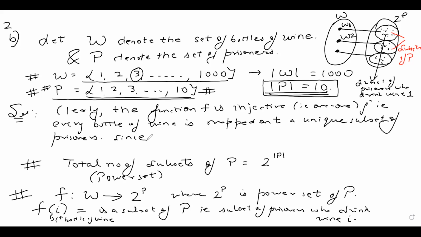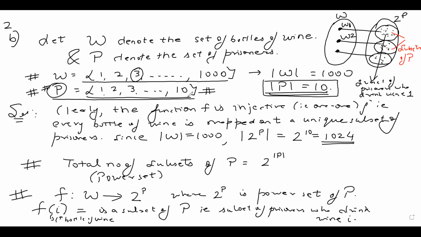Since, how can I say this, guys? Since you can see that cardinality of the set W is 1000, but cardinality of the power set? The power set consists of how many elements? The power set consists of 2 to the power 10, which is 1024 elements. Because P consists of 10 elements, so the power set of P is going to consist of 2 to the power 10, which is 1024 elements.